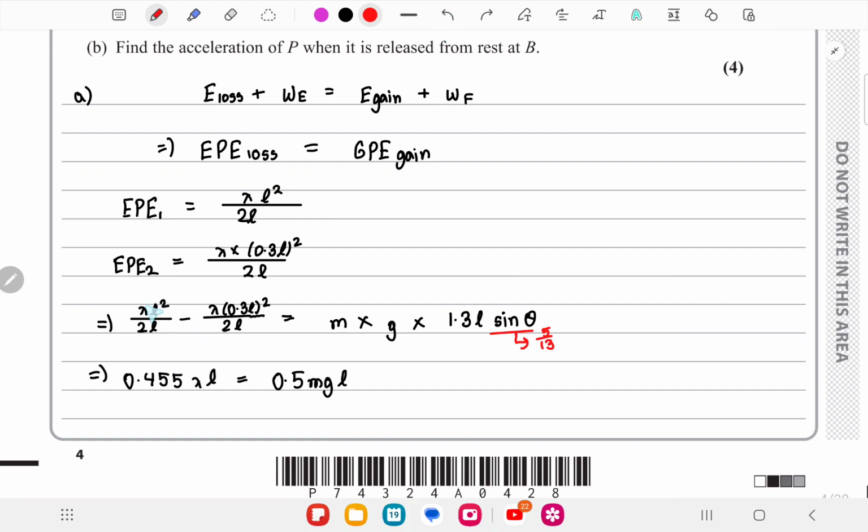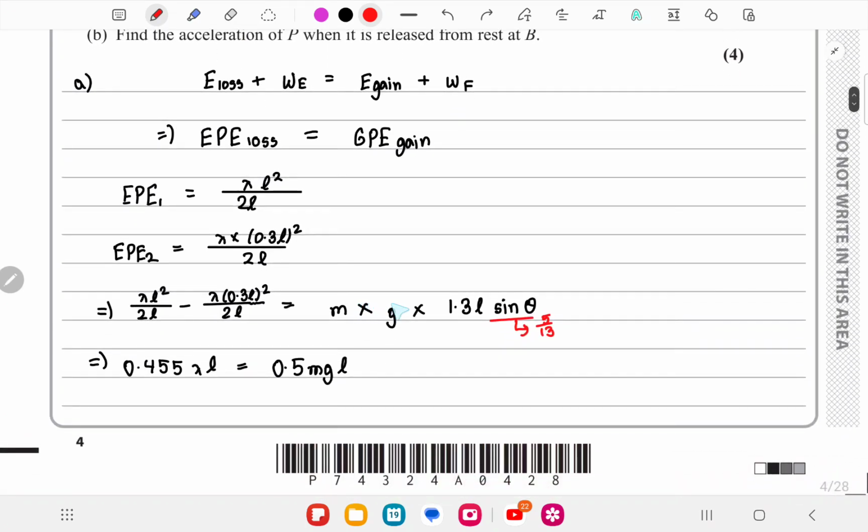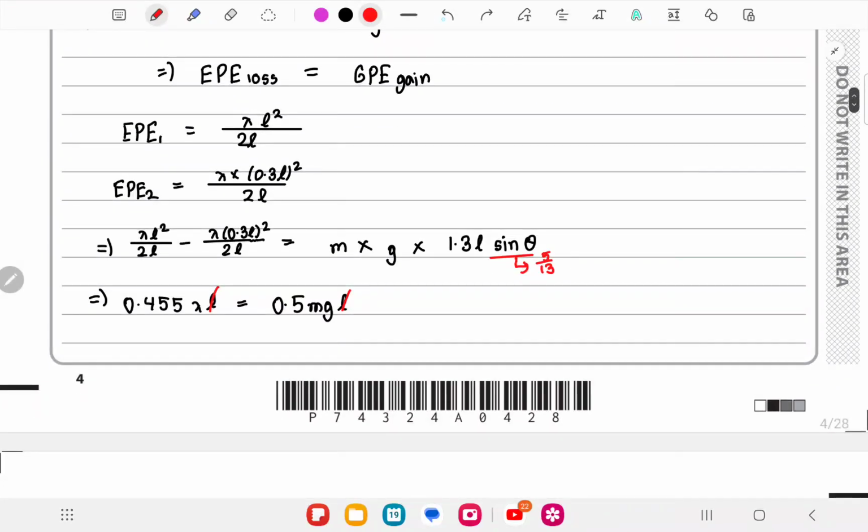So we can calculate lambda L squared by 2L minus lambda into 0.3L whole squared by 2L, which would be 0.455 lambda L. And on the right hand side, we'll have mg into 1.3L into 5 by 13, which would be 0.5 mgL. The L's cancel out, and on the next line we can show that lambda equals 100 by 91 mg.